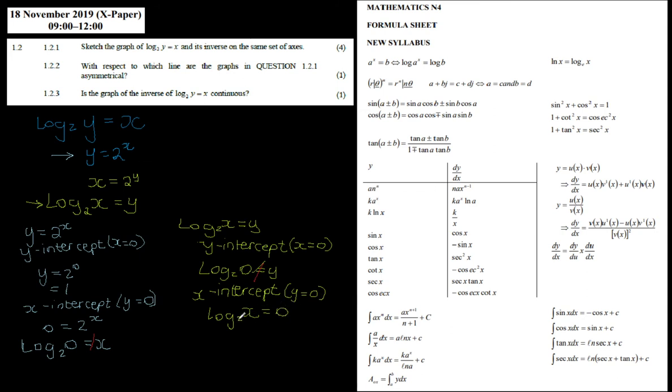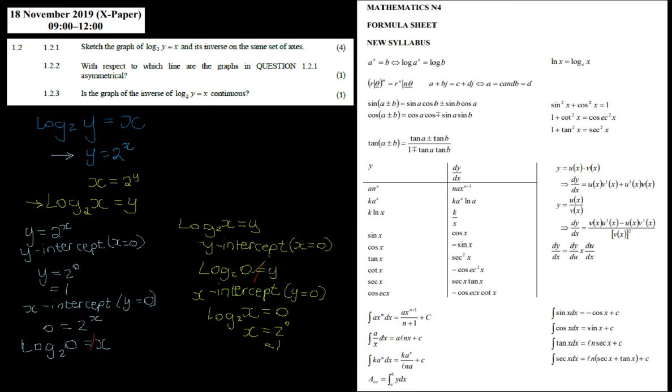And then we're going to do exponential form again. So the 2 will come over, press the 0 up into the air, and the log will fall away. So it's going to be x equals 2 to the power of 0, which, anything to the power of 0 will give me 1.